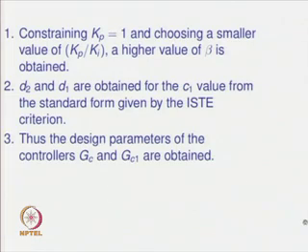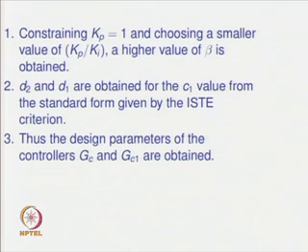Now, I will explain the procedure, the way we will design the three controllers. So, initially constraining Kp to 1. Where do we constrain Kp to 1? To reduce the control effort, and choosing a smaller value of Kp upon Ki, a higher value of beta is obtained. I believe you are getting this concept, why we are going for a higher value of beta.